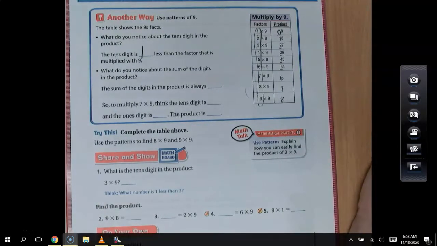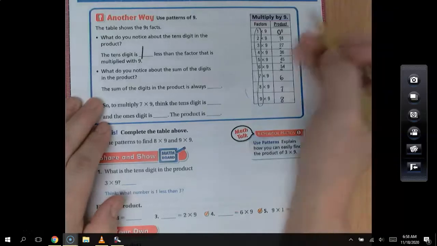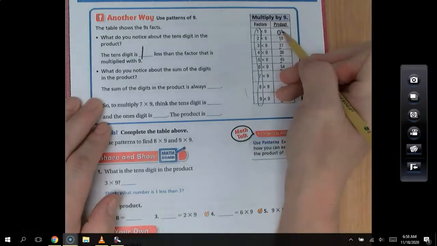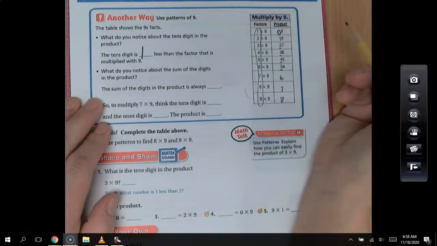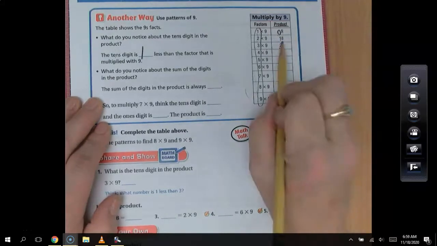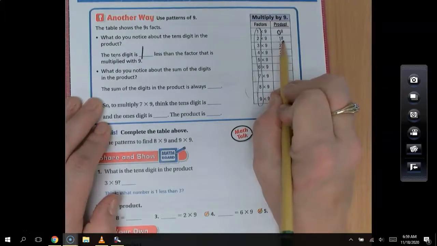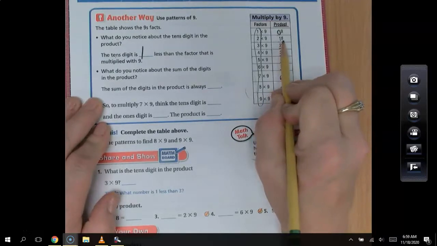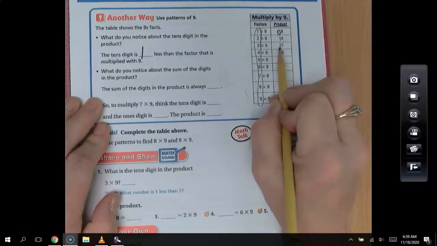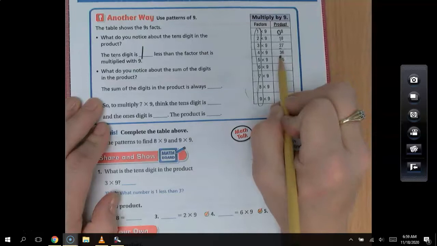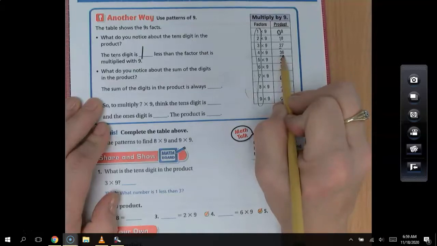Let's see if you notice anything about the sum of the digits in the product. 0 times 9, or I'm sorry, 0 plus 9 is 9. 1 plus 8. What is 1 plus 8? 9. What is 2 plus 7? 9. What is 3 plus 6? 9.